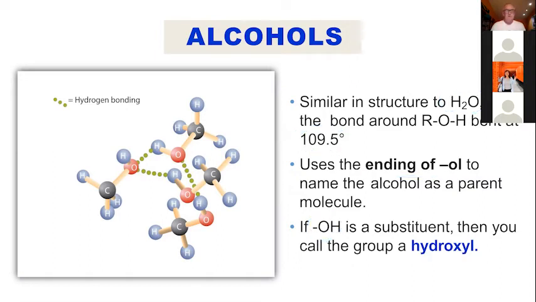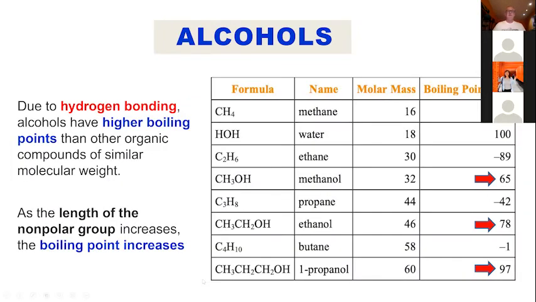There's an interesting thing about alcohols: just like water, because they are functionally similar to water, they have the same shape at the end, and they can hydrogen bond just like water can, because they've got the hydrogen bonded to an oxygen, which you need for hydrogen bonding.